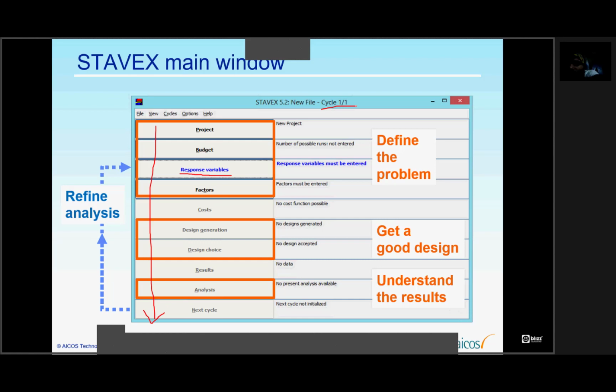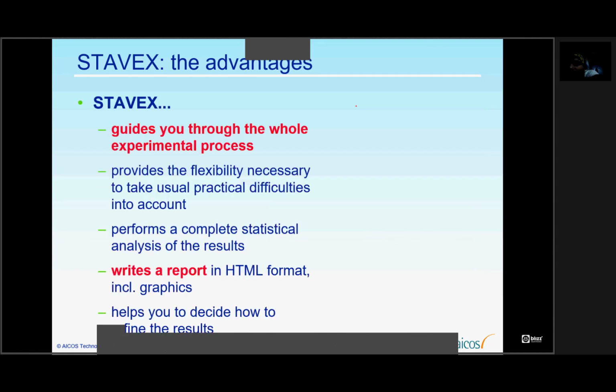So what does STAVEX do for you in all these contexts? Actually, the advantages are the following. As you have seen with this top-down process, it will guide you through the whole experimental process from the problem definition to the choice of the design and to drawing the appropriate conclusions on the basis of the analysis. But of course, this guidance is also not stiff and not strict.